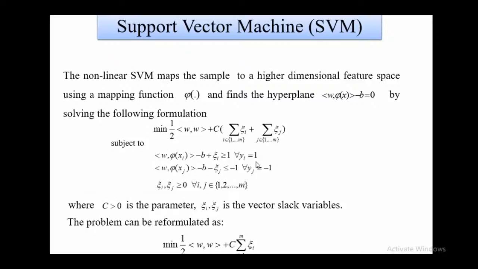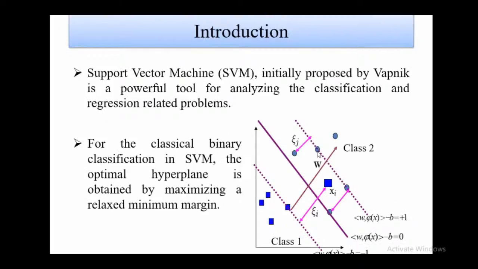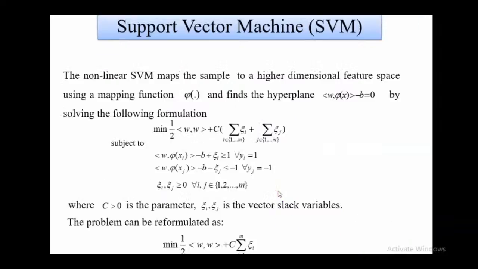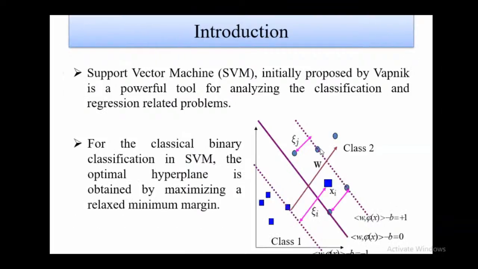As we have already discussed previously, the margin is nothing but 2 upon the norm of W, which you have to maximize, or equivalently you have to minimize the norm of W squared by 2. Some of the samples are perfectly fine, but some samples may be beyond the particular line.